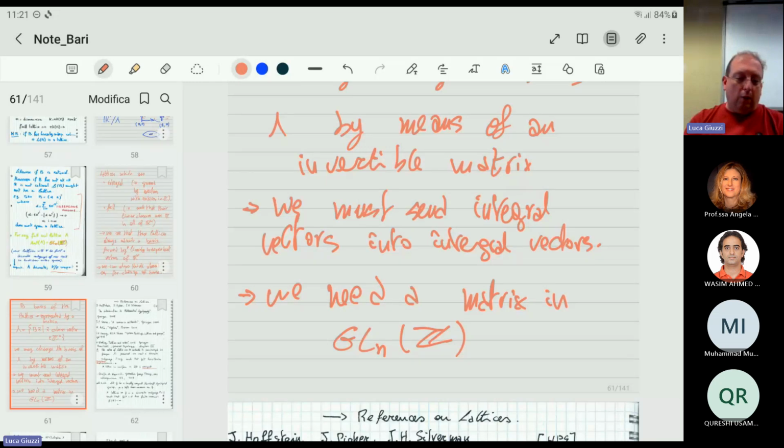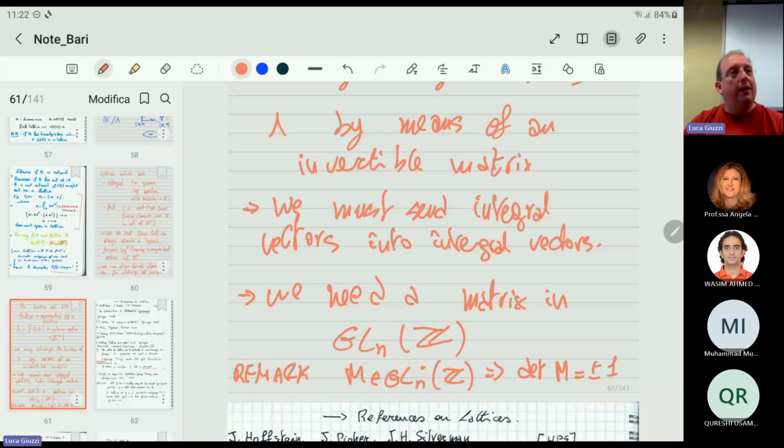How is it done? Remark: if M is in this group, since its inverse must also be in this group, then the determinant of M must be an invertible element in Z. But the only two elements which can be inverted in Z are plus or minus 1.